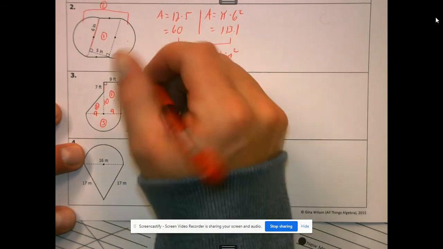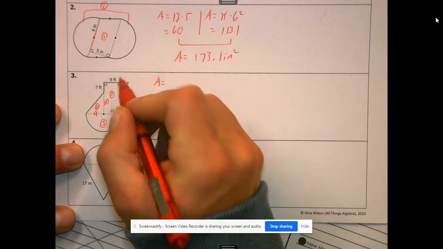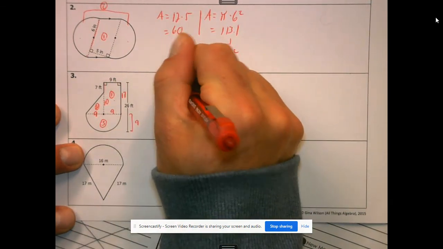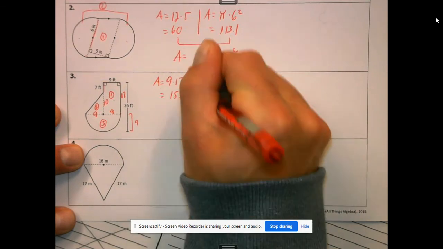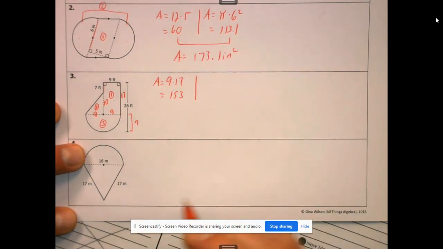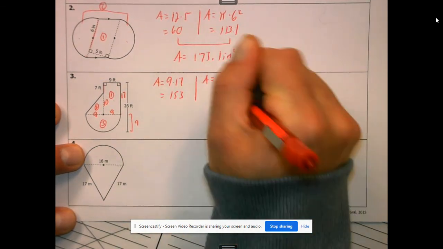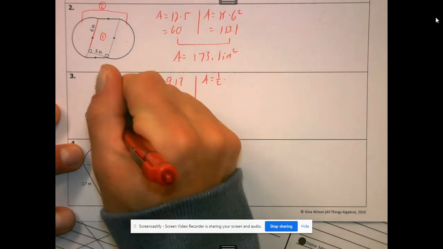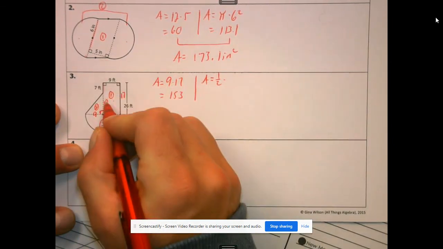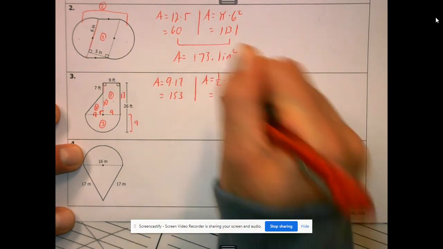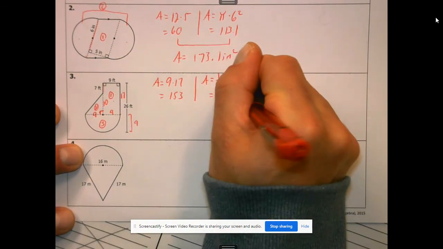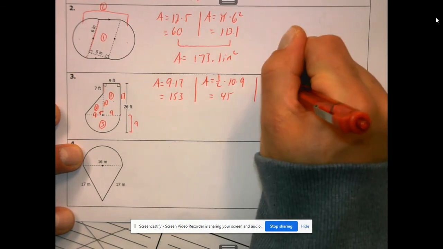So first, let's do the rectangle. Base times height, 9 times 17. That comes out to be 153. Next, I'll knock out the triangle. It's 1/2. Remember, here's your 90 for your triangle. Base times height, 10 times 9. If you type that in, that comes out to be 45. And then your semicircle.